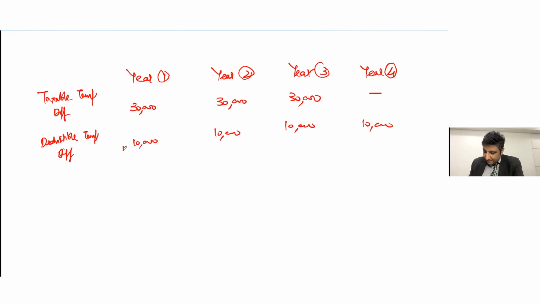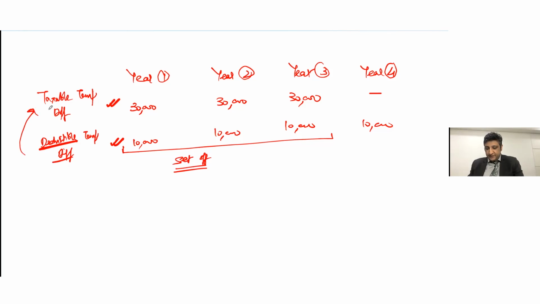It implies that up to year three, my taxable temporary difference and deductible temporary difference are both available, and I have an opportunity to set off these deductible temporary differences against these taxable temporary differences, right? So out of 40,000, I have an opportunity to reverse to the extent of 30,000 of those deductible temporary differences. But the moment I look at the year four, right, this 10,000 of deductible temporary difference, which is getting reversed, there is no opportunity to adjust it against any taxable temporary differences reversals, right?